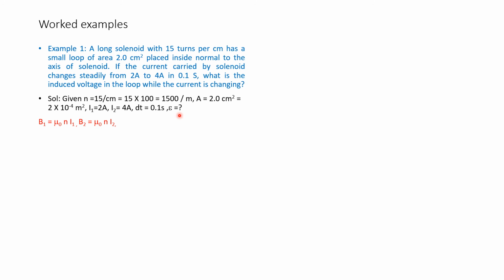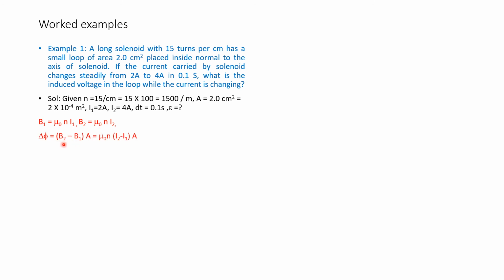We know the equation B1 is equal to mu naught N I1. The initial magnetic field is mu naught N into I1, and finally B2 is equal to mu naught N times I2.